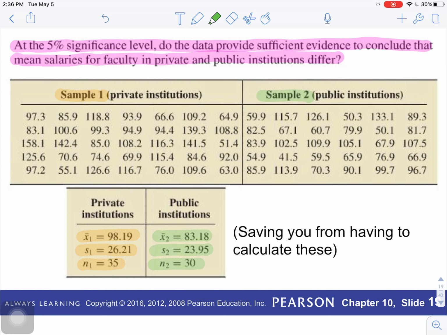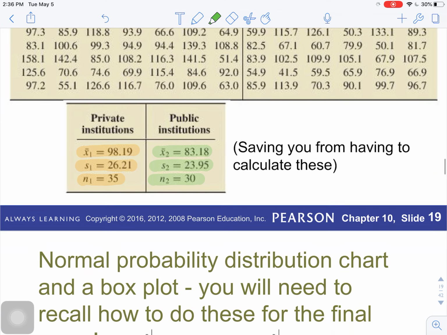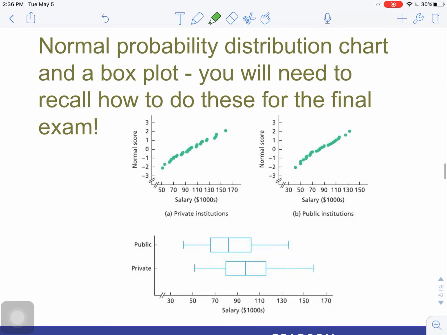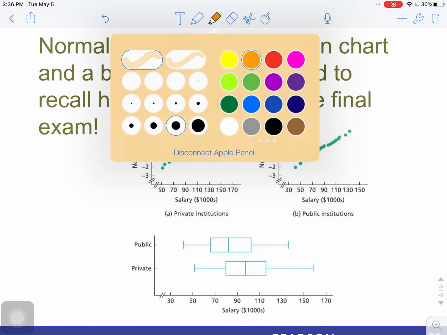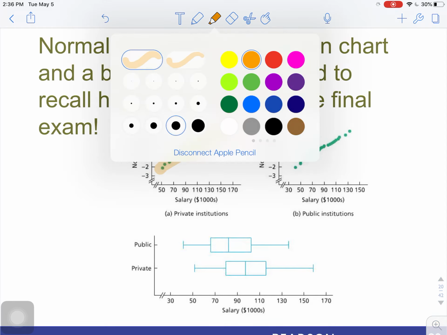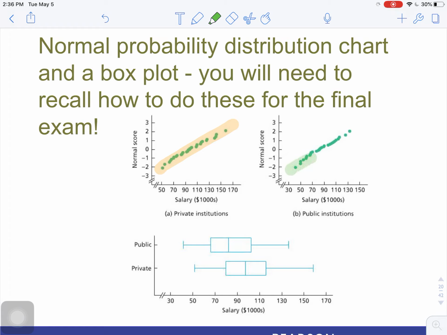First, technically you don't have to, but here's an example of what they would look like with a normal probability distribution chart and a box plot. For our private institution, it looks about linear, so you're pretty good with that.